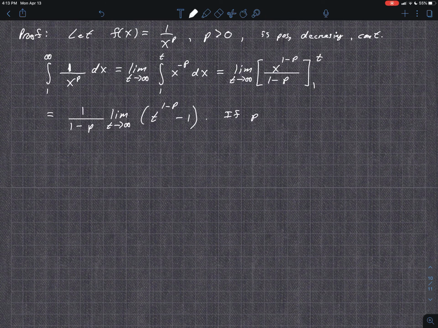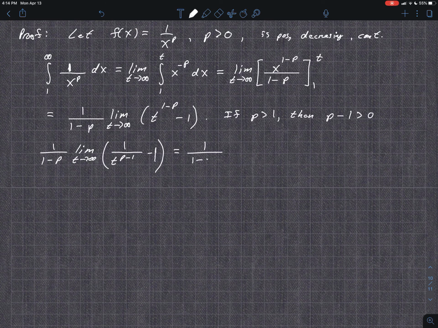If p is greater than 1, then we have p minus 1 greater than 0, and we can write this as 1 over 1 minus p times the limit as t approaches infinity of 1 over t to the p minus 1, minus 1.